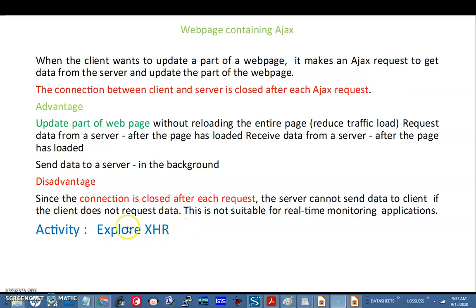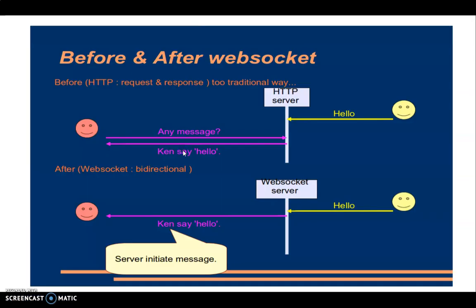So AJAX is an incarnation of XHR. You can find out more details on XHR. The idea about XHR or AJAX, whatever it may be, is continuous modification of a web page without reloading the entire contents. That's the whole idea. This also is not a solution for IoT, because there is always some communication going on in the background to the server, and that will take up our battery.